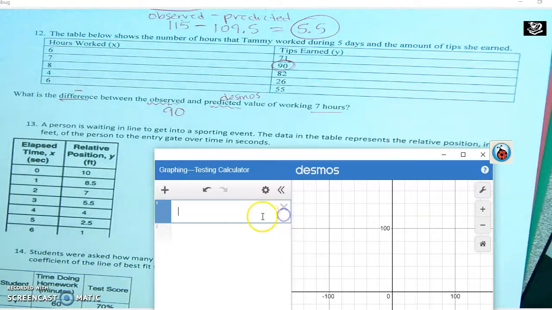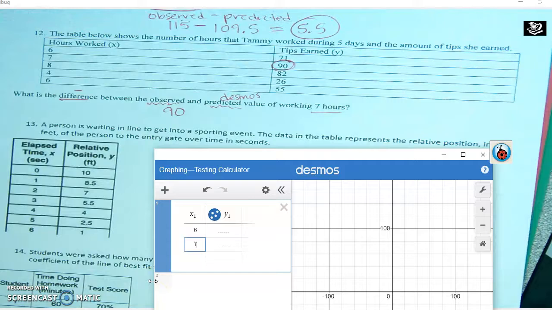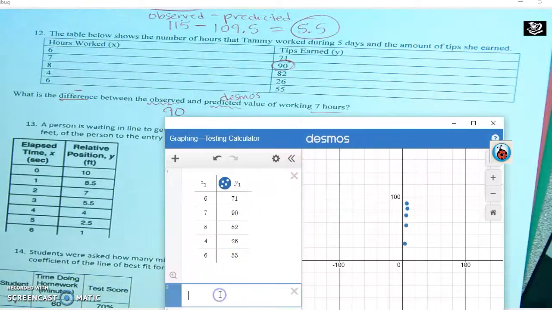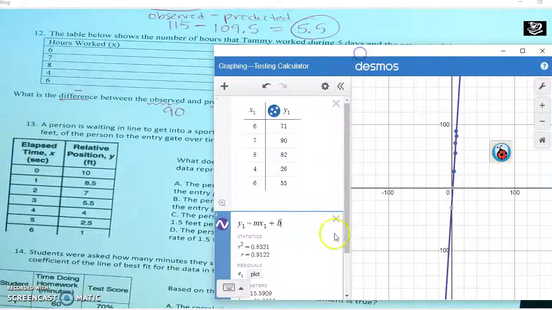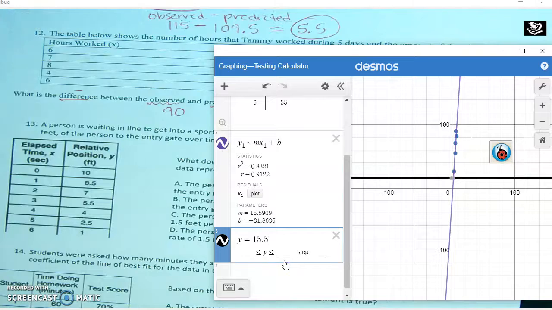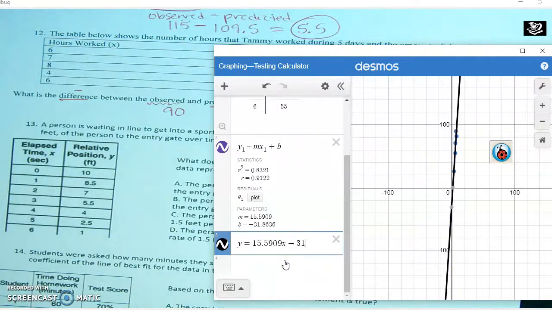So to put this one in, 6, 7, 8, 4, and 6. 71, 90, 82, 26, and 55. And I'm going to do y1 tilde mx1 plus b, and that's going to give me my y equals formula. So I'm going to do y equals 15.5909x minus 31.